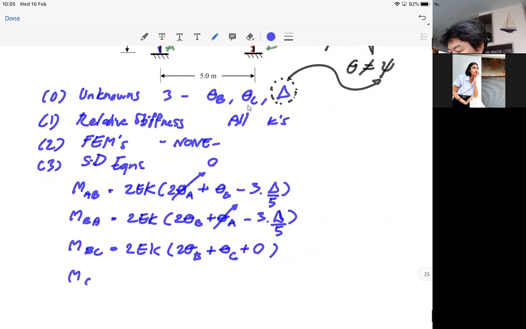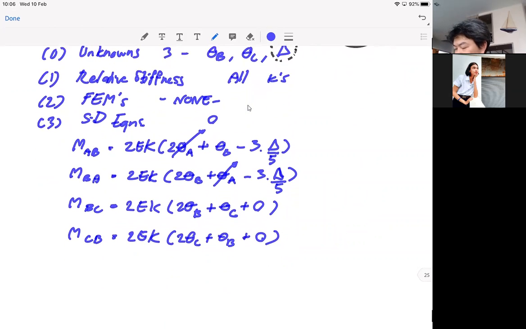And MCB, 2EK, 2 theta C plus theta B, and then no psi. Then we move on to MCD, 2EK, 2 theta C plus theta D, which is 0.